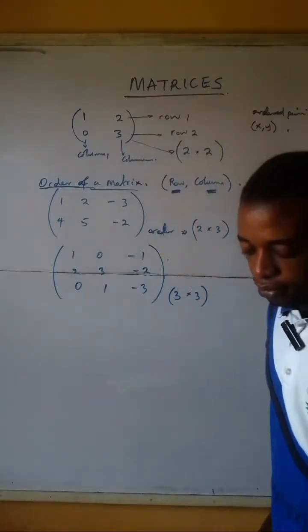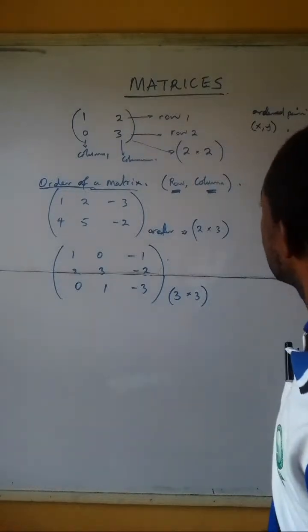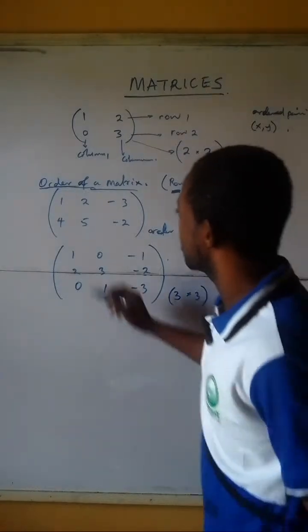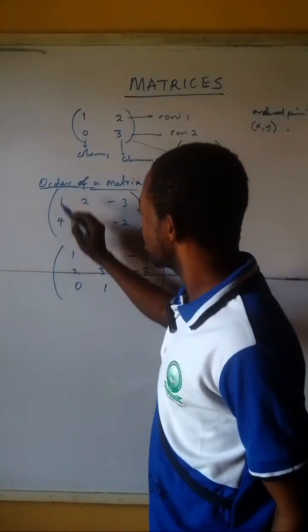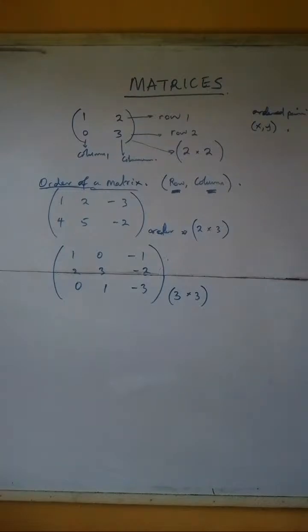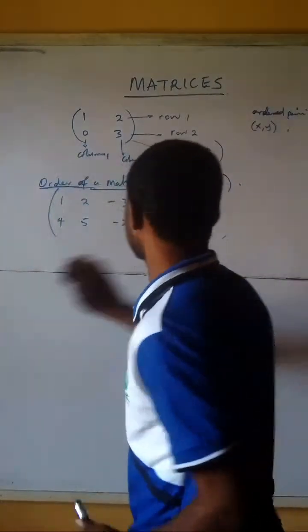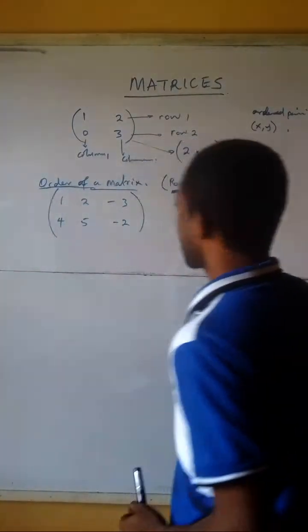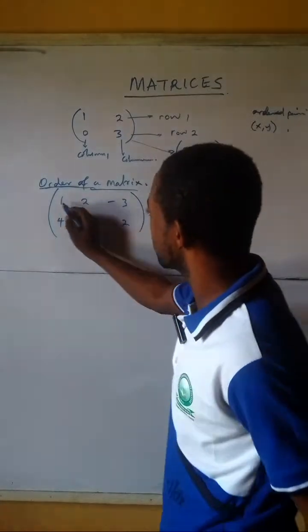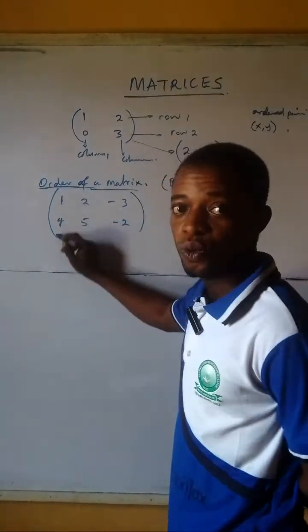Then it's important to note the elements of a matrix. In general, we refer to this first number here as the element in row 1, column 1.